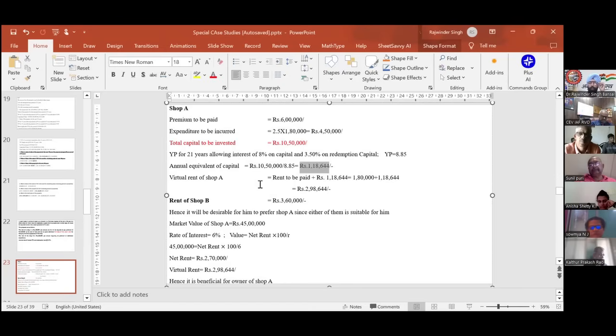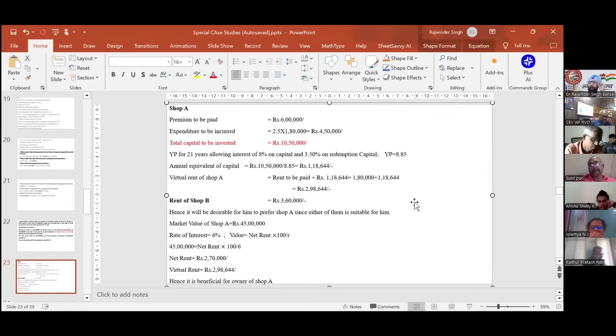So total rent he will be having: rent to be paid plus 1,18,644. He has to pay a rent of 1,80,000 plus 1,18,644 every year, which he has to spend on renovation and other things.